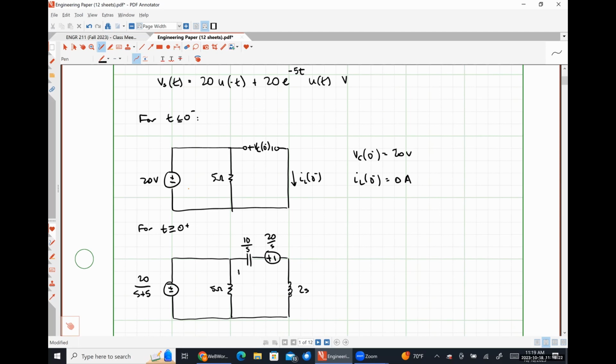And our goal here would be to find VC as a function of S. So before we start doing any analysis, is this what the circuit would look like in the S domain?